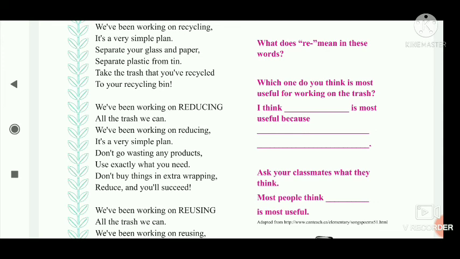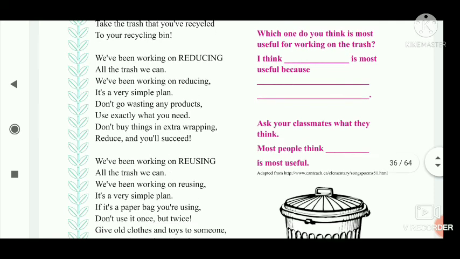Reduce and you will succeed, यानी कि जितनी भी ज़रूरत है इतनी हमें यूज़ करना है, ज़्यादा हमें बाय करना नहीं है. It is the reducing. And what is the meaning of reducing?